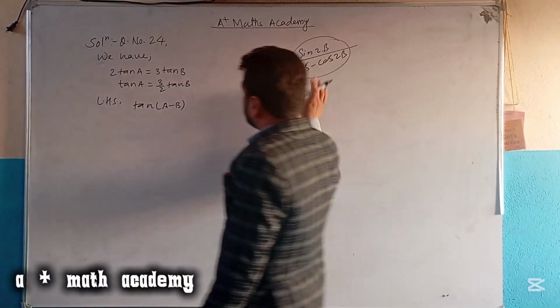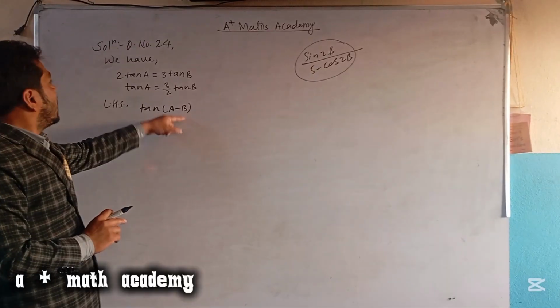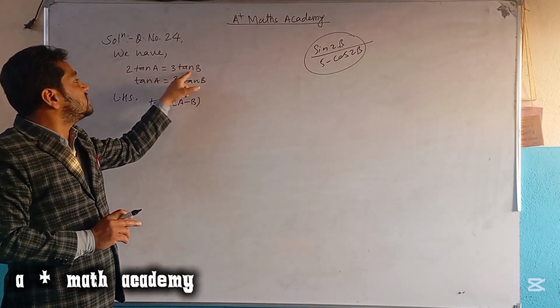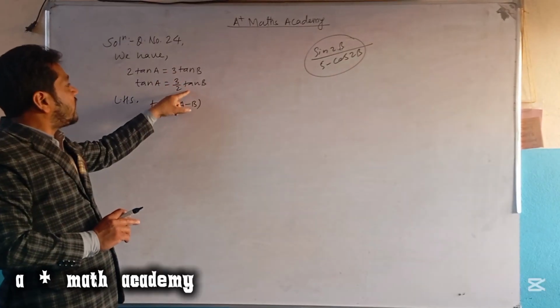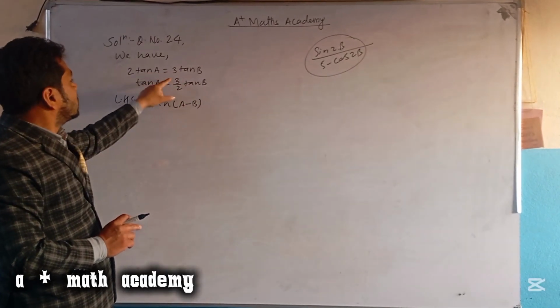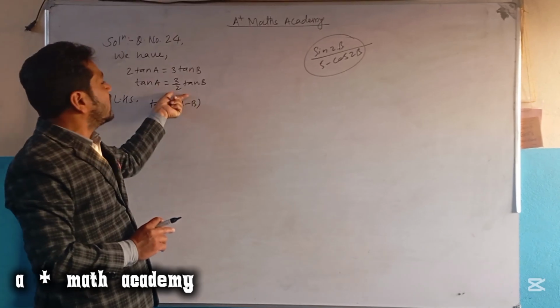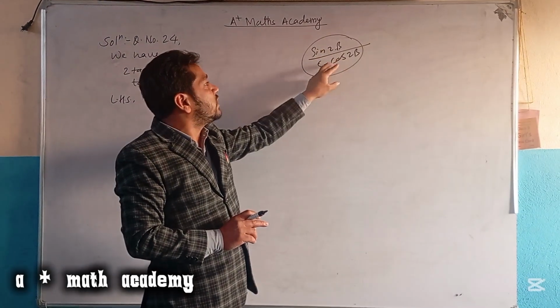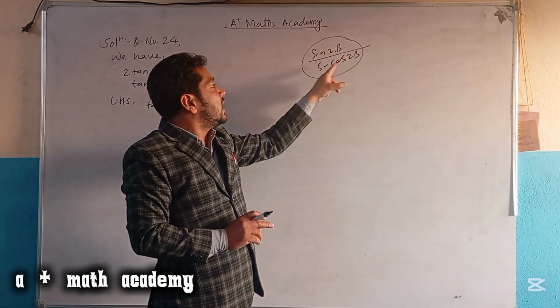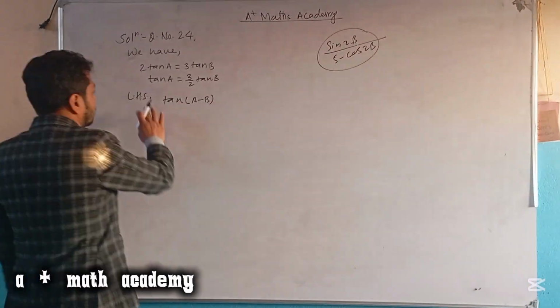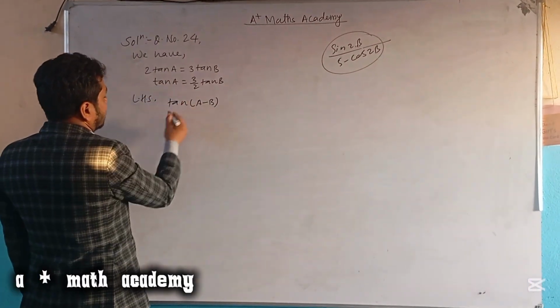Then we are given 2 tan A equals 3 tan B, so we can find tan A equals 3 by 2 tan B. Why are we getting the value of tan A? Because we have to prove sin 2B upon 5 minus cos 2B, so we found the value of tan A here.